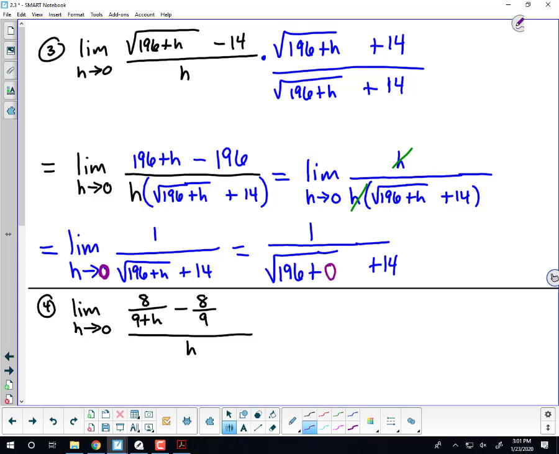So we're going to plug in h as 0. That's what h is approaching. We get 1 over the square root of 196, which is 14, plus 14. That gives us 1 over 28.